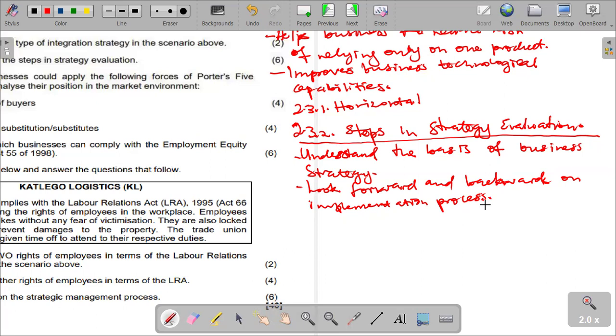That is also to compare the expected performance with the actual performance.